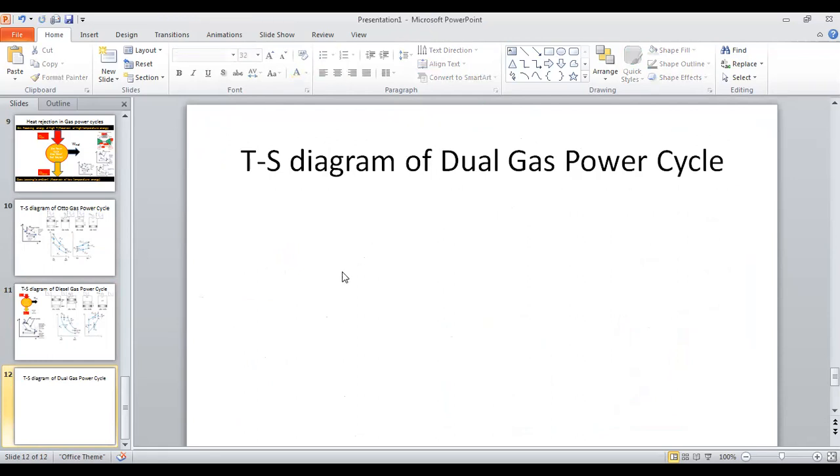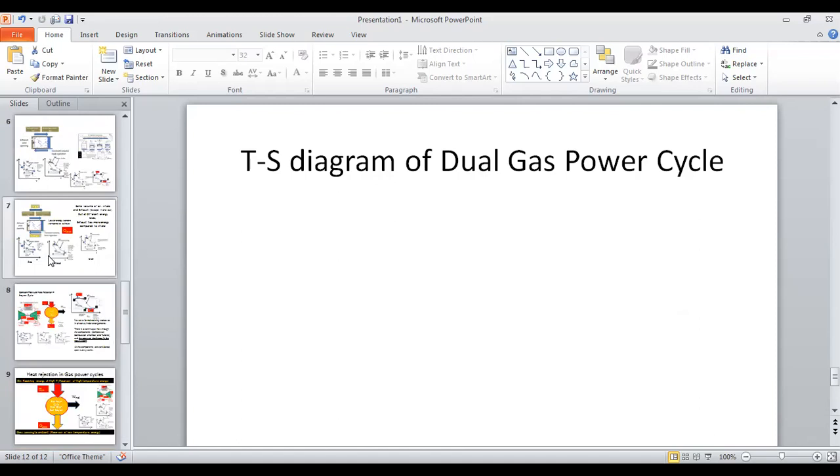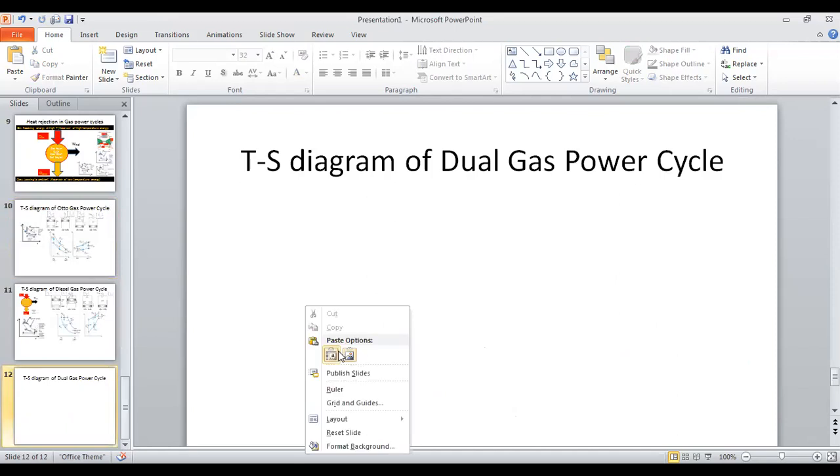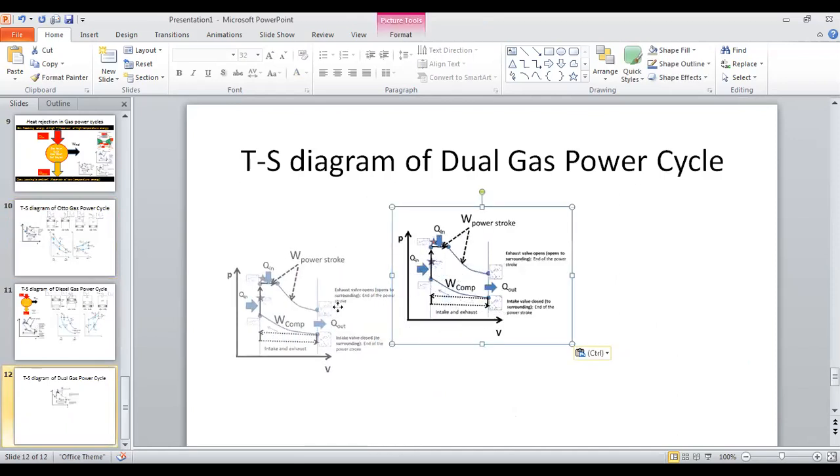In the dual gas power cycle, from the previous notes, I think I have sent you the notes; if not, let me send them. Here, see the dual cycle.